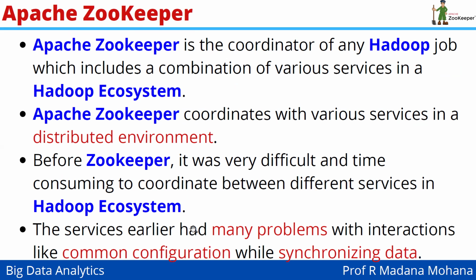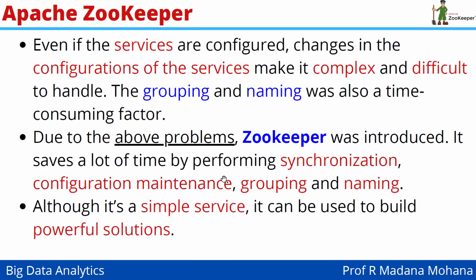The services earlier had many problems with interactions, like common configuration while synchronizing data. Even if the services are configured, changes in the configurations of the services make it complex and difficult to handle. The grouping and naming was also a time consuming factor.